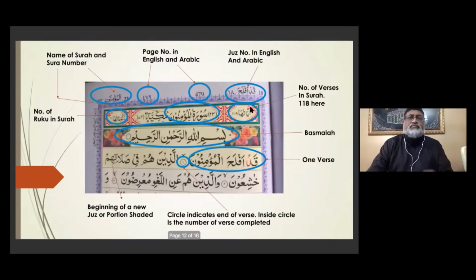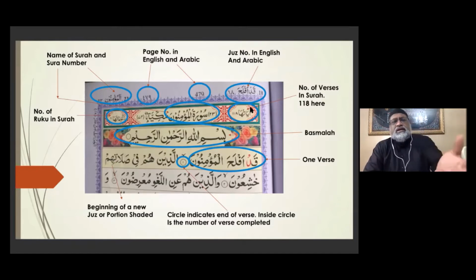Now, when you open the Quran, there are many pieces of information that you could learn about quickly. First of all, I chose this color-coded Quran, and different Qurans will have different levels of information. At the top, you have the number of the surah, the name, and the number.